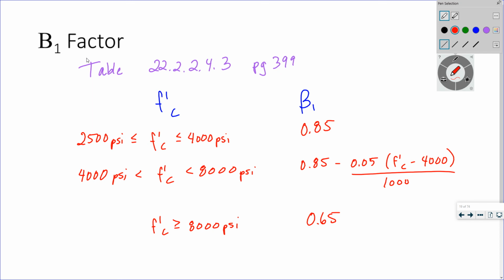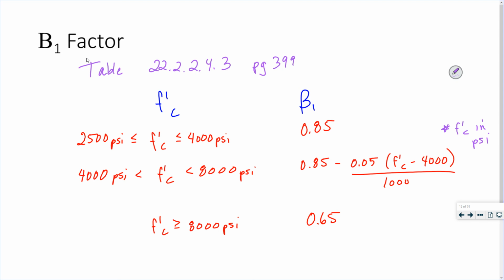This is all in that table. Obviously, F prime C is in PSI. Anytime you see F prime C, it's in PSI. Good rule of thumb to remember. So, lower strength concrete, larger stress block; higher strength concrete, smaller stress block, as indicated by our beta 1 factor.